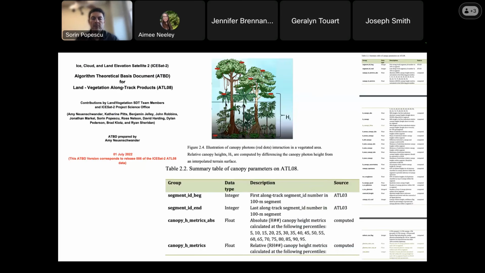Some of them that are most commonly used in other studies to derive canopy structure are those metrics, absolute and relative height metrics, with the common percentiles from 5 all the way up to 95th percent. So they have been proven in a few studies to be well correlated to biophysical properties of canopy.